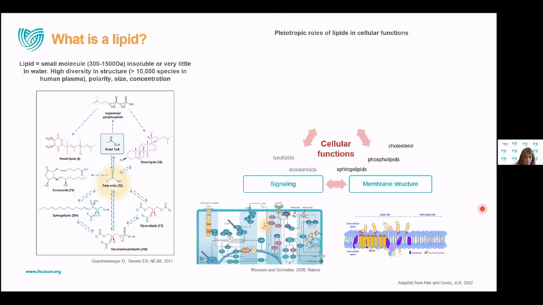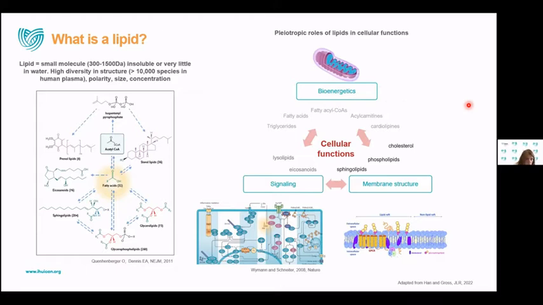They also play key roles in signaling as chemical messengers for signal transduction, and they also regulate protein function and gene transcription. Finally, they are also involved in bioenergetics by the production of energy via beta oxidation. They maintain the body temperature, and they're also involved in energy storage.